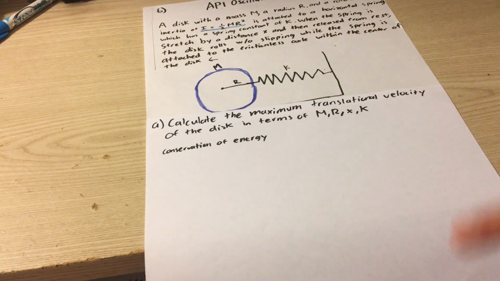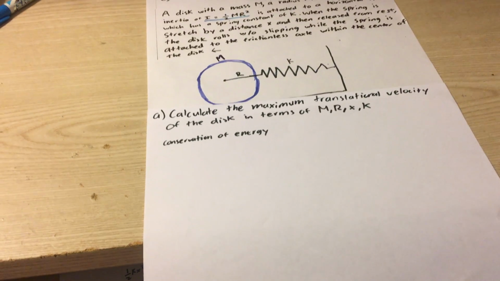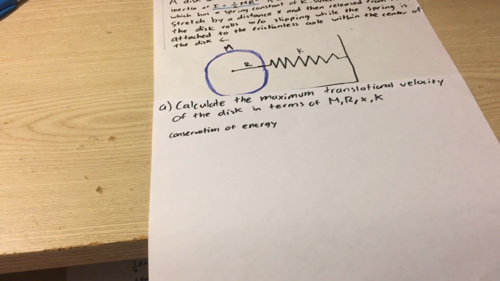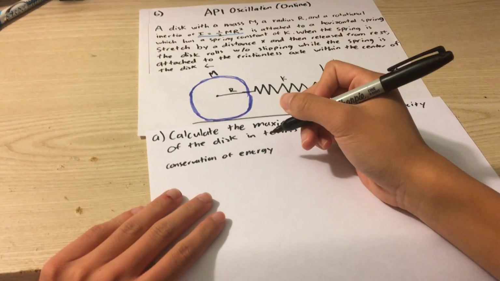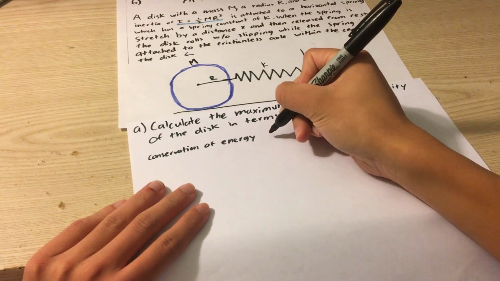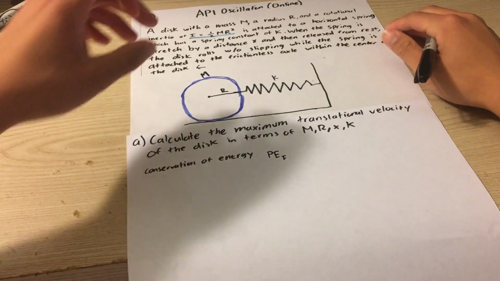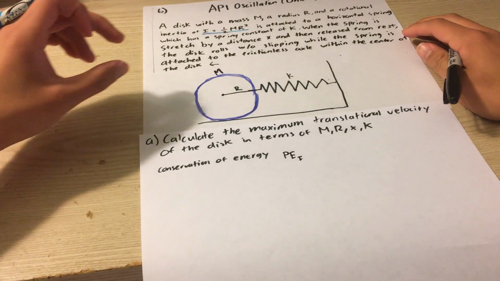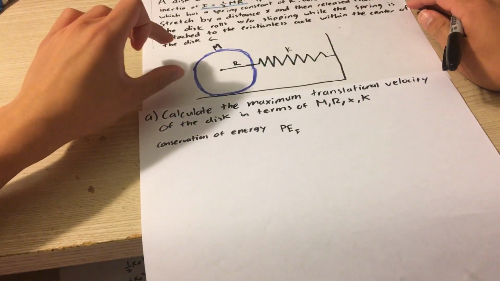For this problem, we can use the conservation of energy, where energy will be constant. Initially, all the total energy will be potential energy, because when you stretch the spring to the left, all the energy is stored within the spring and there's no movement from the disc at all.